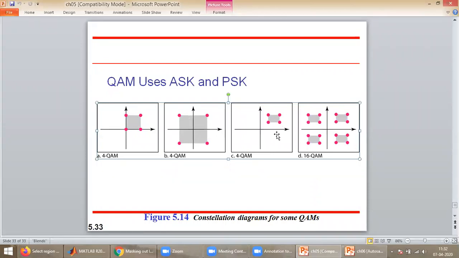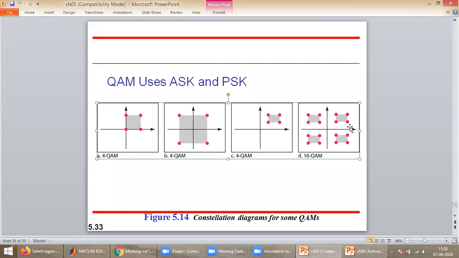Here the phase values are approximately 45, 55, 35, and 45 degrees, and the voltages are 5 volts, 10 volts, 5 volts, 10 volts.